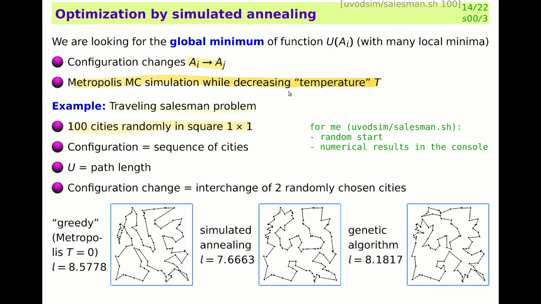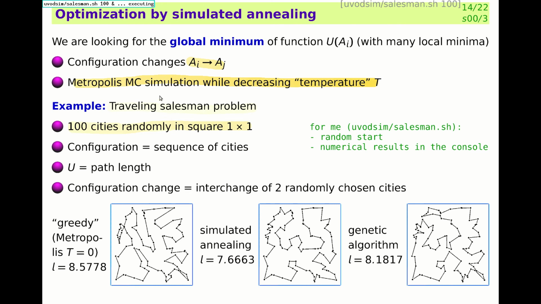But during time, I will decrease the parameter of this acceptance, the so-called temperature, and will have a bigger and bigger tendency to accept shorter paths. At the beginning, I will be able to scan also quite long paths. And I will show you now such a simulation.